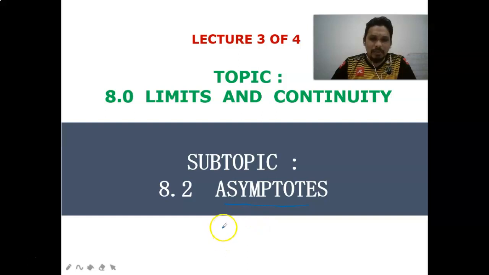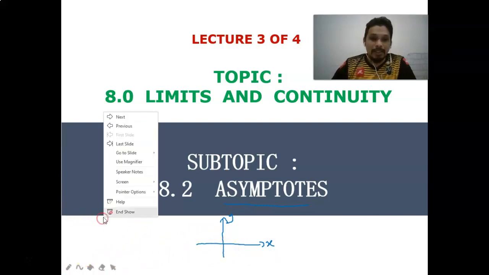It's something like, okay, let's say this is y and also x. Asymptote is something we call a line.